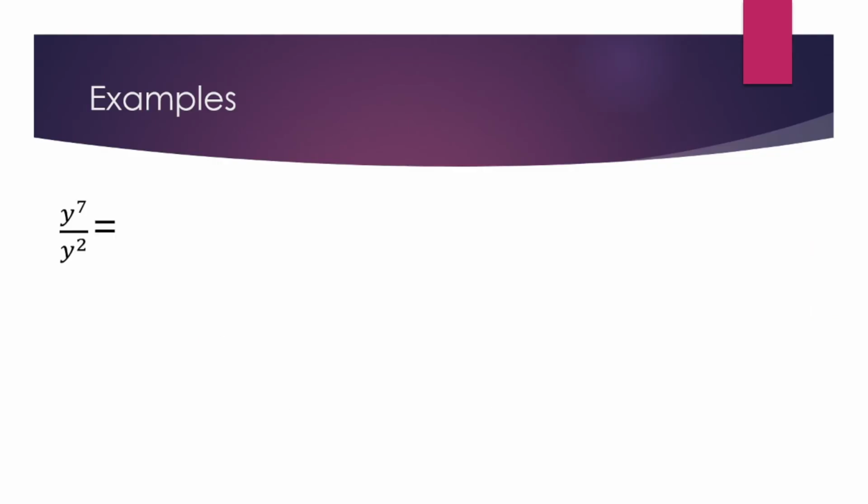Our first example, y to the 7th divided by y to the 2nd. 7 minus 2 is 5, so if you put y to the 5th, you are correct. X to the 8th divided by x to the 7th. 8 minus 7 is 1, so if you put x to the 1st, you are correct, but you can also just put x.